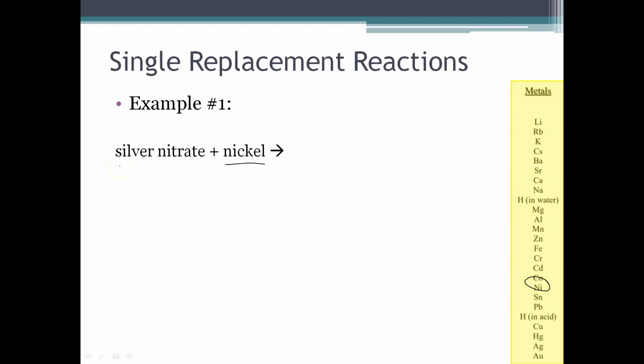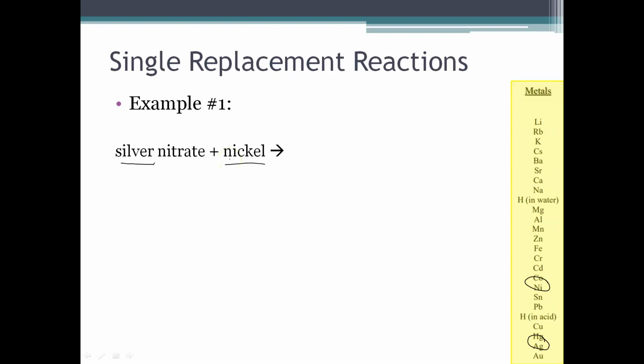In our reaction, we have silver nitrate and nickel, so the only other metal that we can compare nickel to is silver. So let's find silver on our activity series down here. I find both of them on the activity series, and I underline both of them in my chemical reaction.